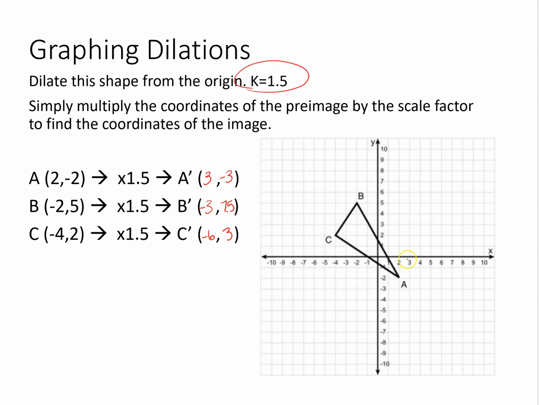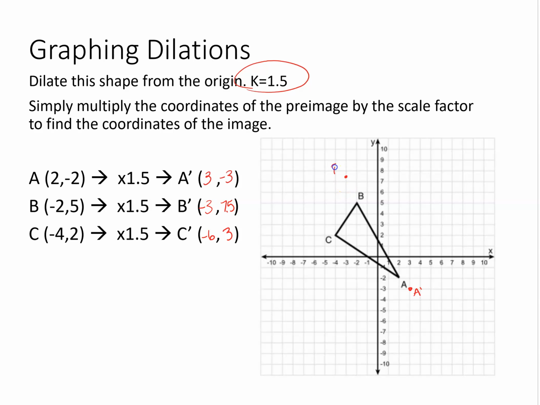So A prime, the dilated point, is what you call prime. The pre-image is the one without the marker. The image is the one with the marker. So we have -3 and 7.5.